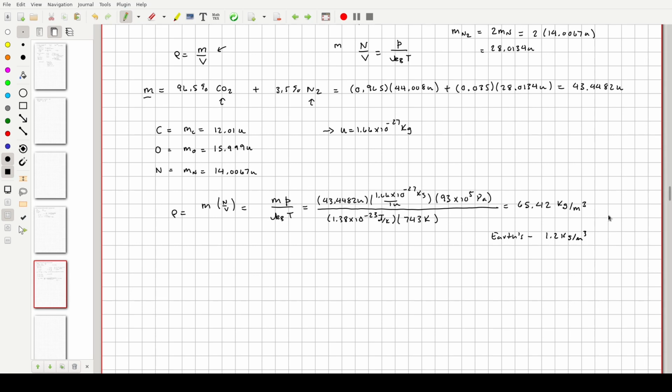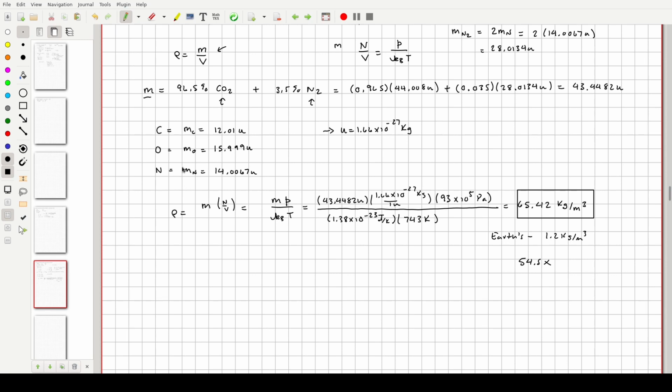So if I divide by 1.2, you're looking at a density that's about 54 and a half times as dense as the Earth's atmosphere. So pretty cool. All right, so just a few examples showing you how to use the ideal gas law.